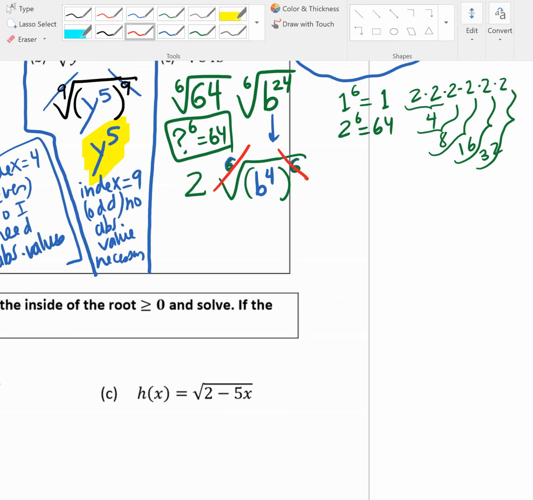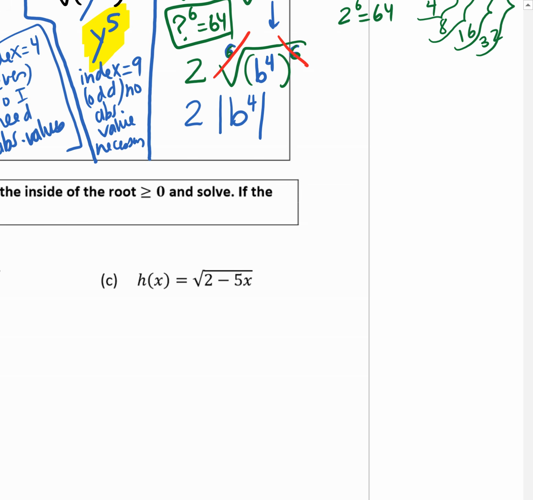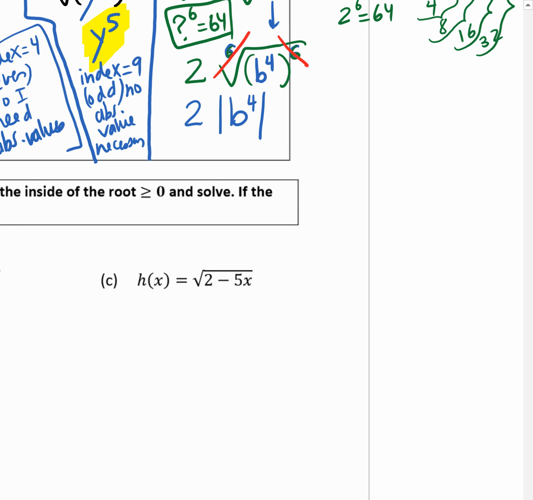But remember that the index was odd, right? Or sorry, even. 6 is an even number, so I need an absolute value of b to the 4th. But just to make it maximally confusing, in this particular problem, I can remove the absolute values at this point because b to the 4th has an even exponent.